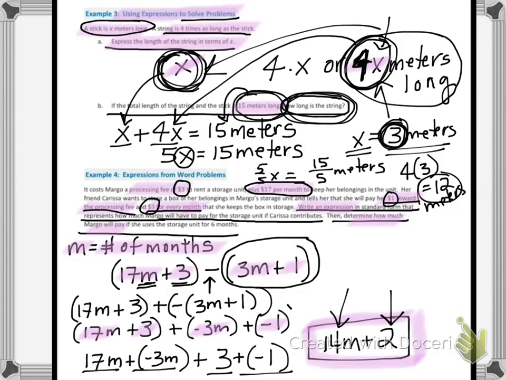That was the expression part. Now the second part of the problem was to determine how much Margot will pay if she uses the storage unit for 6 months. So now we'll go ahead and plug that 6 in, because that 6 is going to be substituted for every M, because my M stood for my number of months.